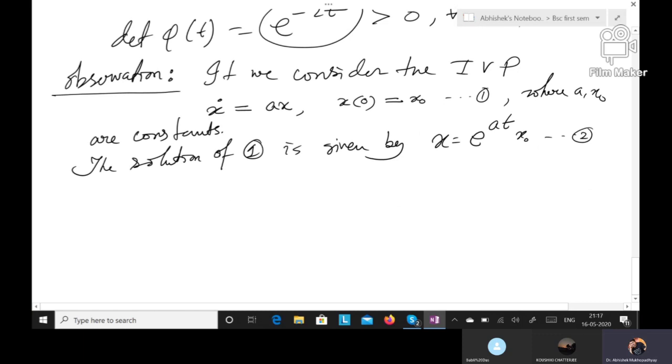And keeping in mind this solution, one can expect that the solution of the IVP, initial value problem, of the system X dot equal to AX, such that X at 0 equal to X naught, will also be of the form X equal to e to the power AT X naught.